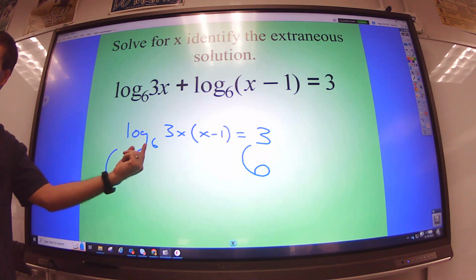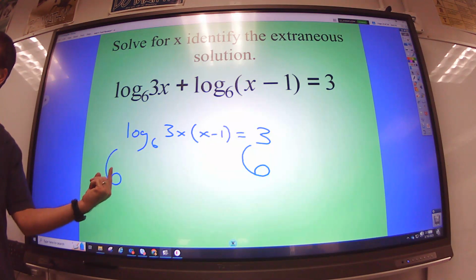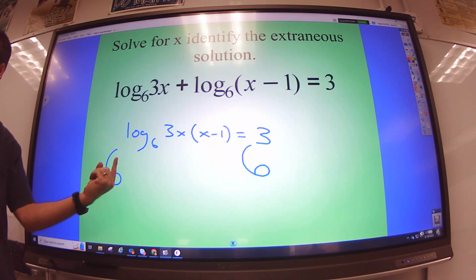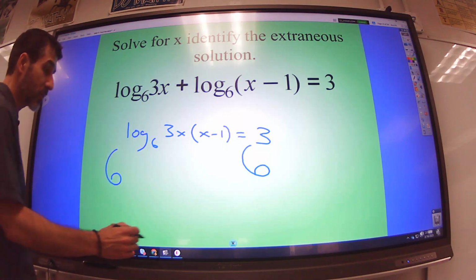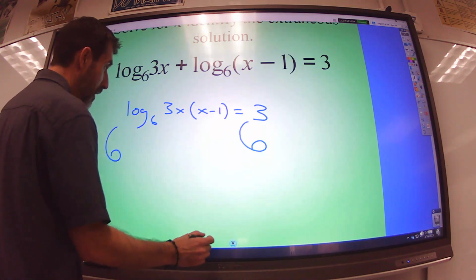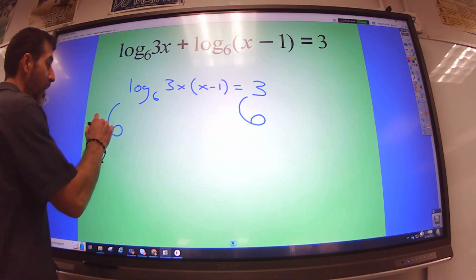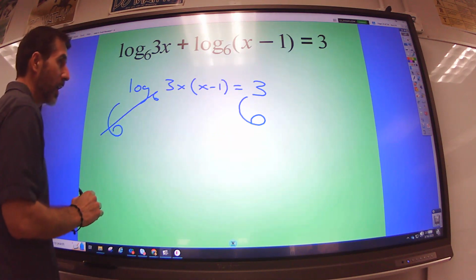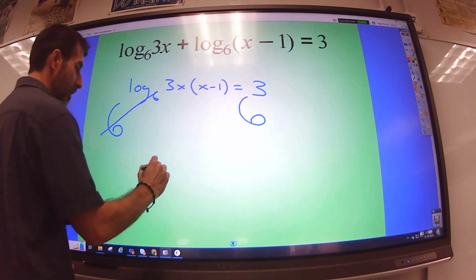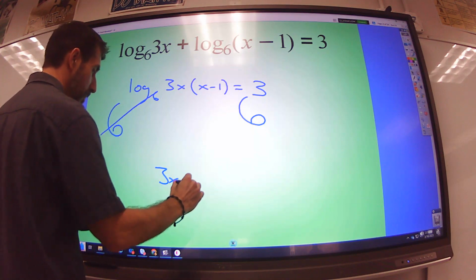Because they're inverses, they cancel out. And what's left over on this side? 3x times x minus 1, right? Equals what? This side, 6 to the 3rd power. 216.